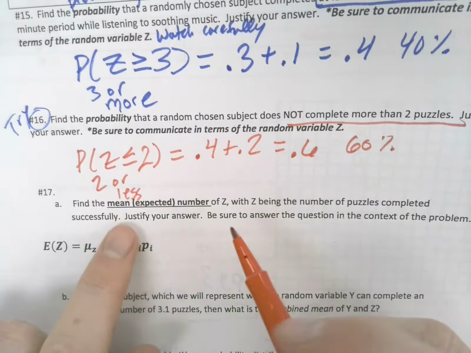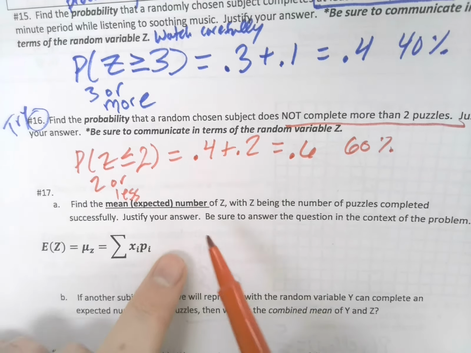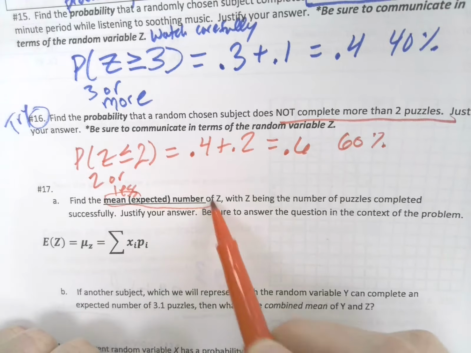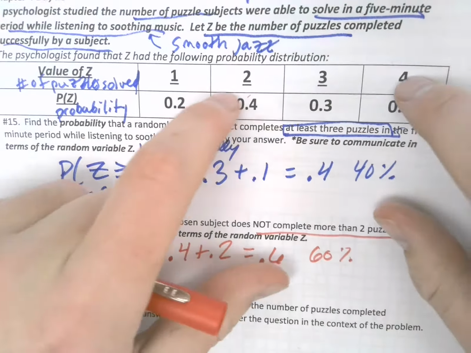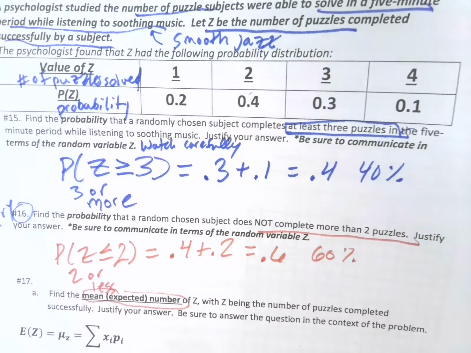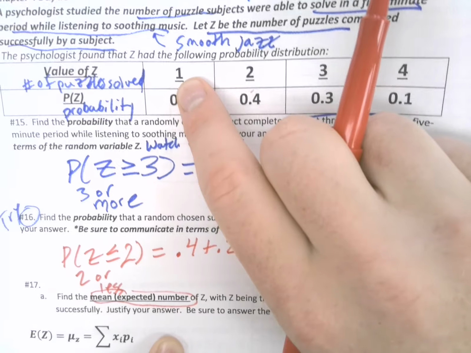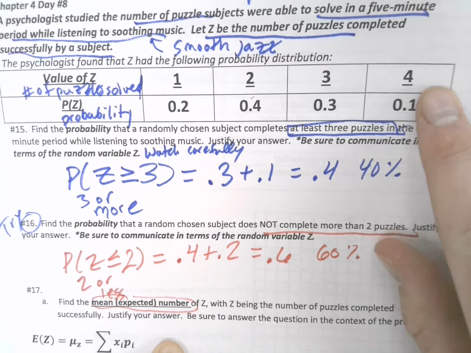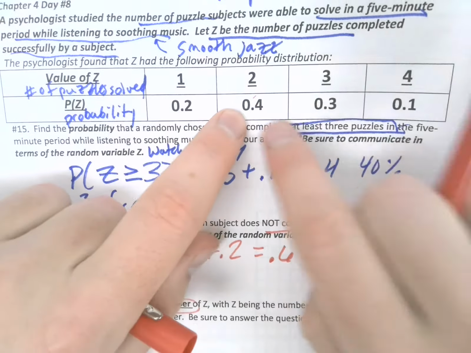Now for this last one that's involved with this section, find the mean expected number. So when we say the mean expected number, we're talking about taking all these probabilities, adding them all up to find an average. So check it out. We're going to take each event, solving 1, solving 2, solving 3, solving 4, and we're going to add them together after we have multiplied them by their probability of happening.